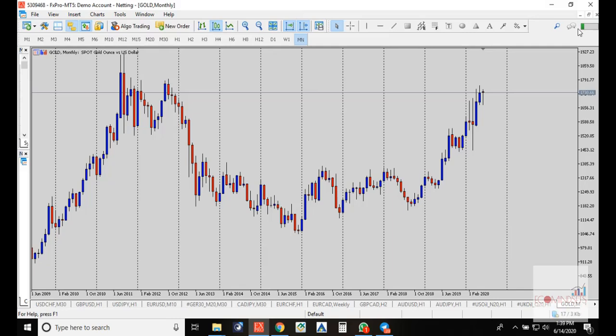Well, I'm here as I promised to bring you part 2 of how to draw your support and resistance lines, or locate them on your chart and be able to trade with them.